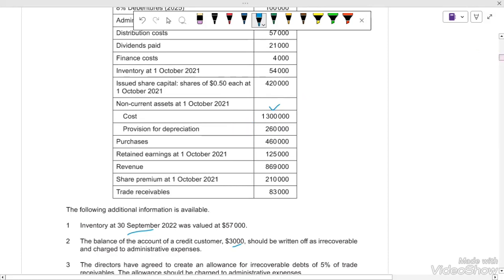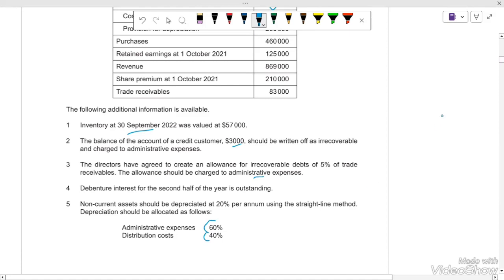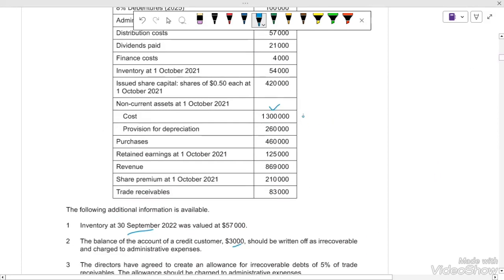Now multiply by 20%. 1300 multiply 20%, so it is 260,000.